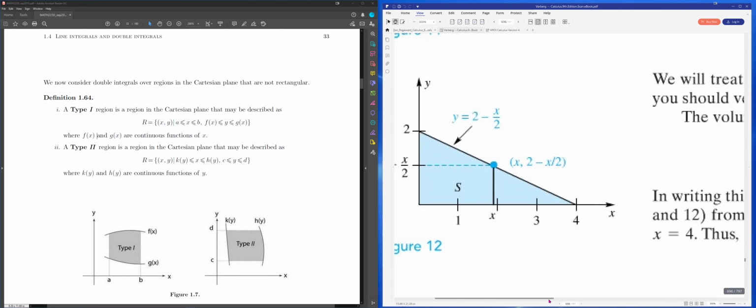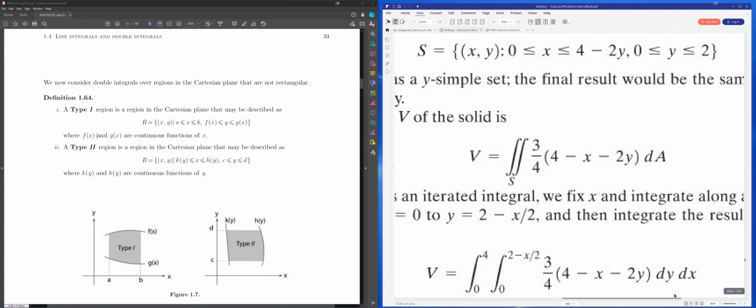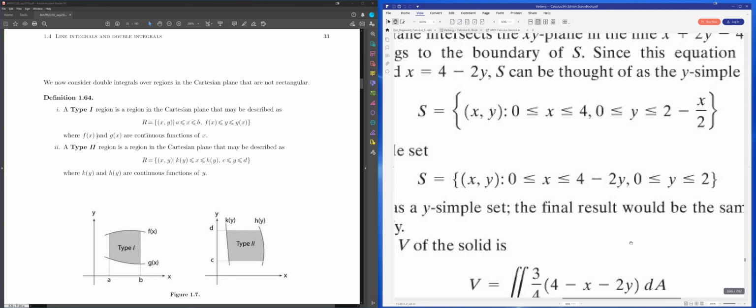And that's actually the answer that they have here. When they work it out, notice they get x lying between 0 and 4, and y lying between 0 and 2 minus x on 2. So in this case, a is equal to 0, b is equal to 4, f of x is 0, and g of x is 2 minus x on 2.